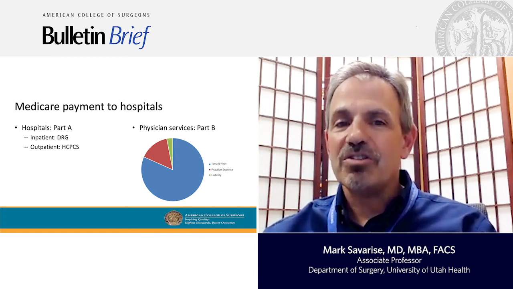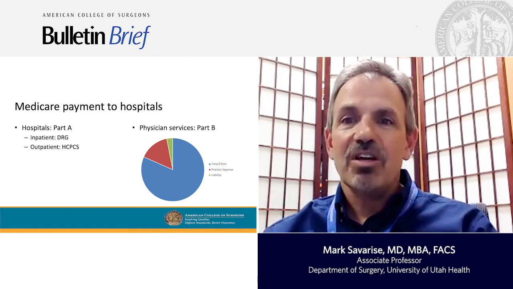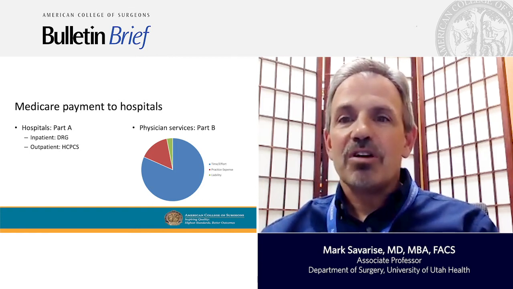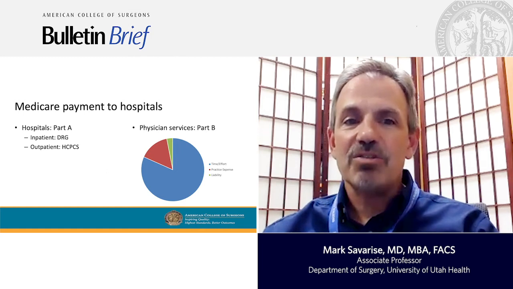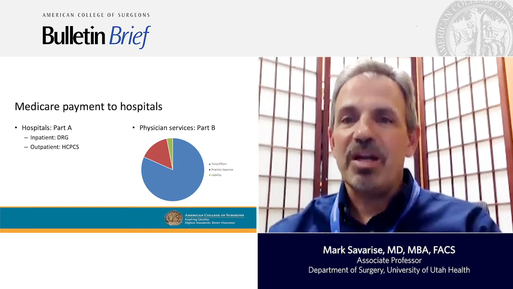We talked about how physician services are based upon your work and your practice expense to a small extent, but the largest part of the expense gets paid to hospitals in a system called DRGs, and that's for inpatients. And then for outpatient hospital procedures, the hospitals get paid on the HCPCS system, but it's substantially different than what we get paid as physicians.